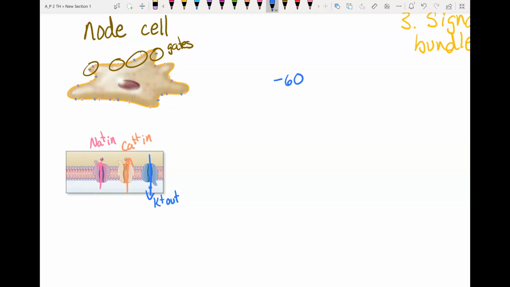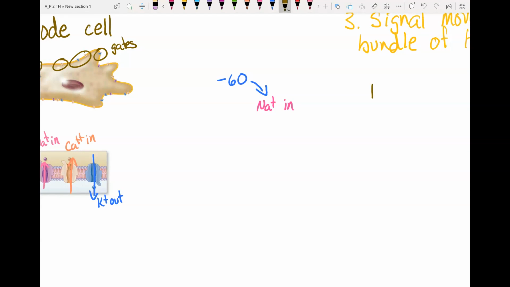And that -60, remember voltage regulated gates, they open based on what the voltage is. If the voltage is -60, that makes the sodium gates open. So when we're at -60 here, then you will have sodium come in. Let's make a little number scale here and keep track of where we are. We're down here at -60.